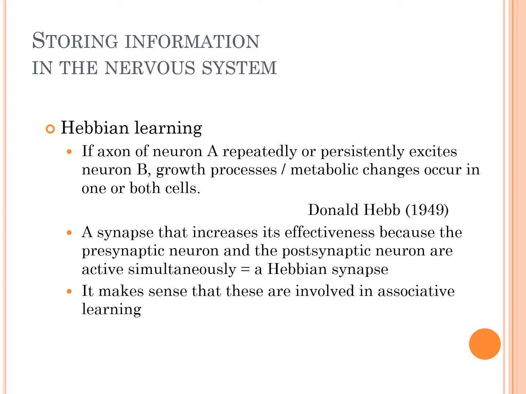And so a synapse that increases its effectiveness because the presynaptic neuron and the postsynaptic neuron are active simultaneously is what allows the nervous system to be adaptive. That kind of synapse, where neurons that fire together wire together, so to speak, is discussed as a Hebbian synapse because that is increasing the effectiveness of a connection that has been useful. This all makes sense as this kind of learning is involved in associative learning.